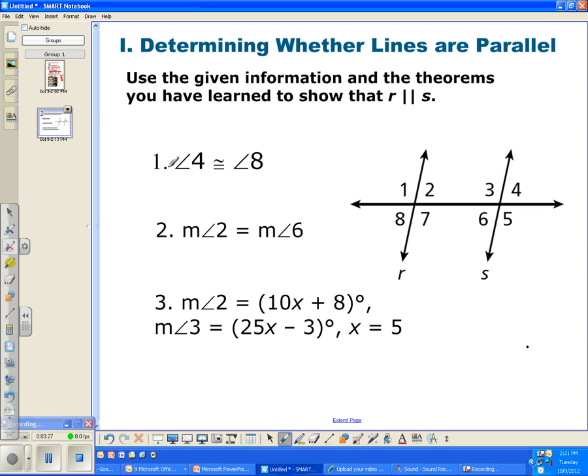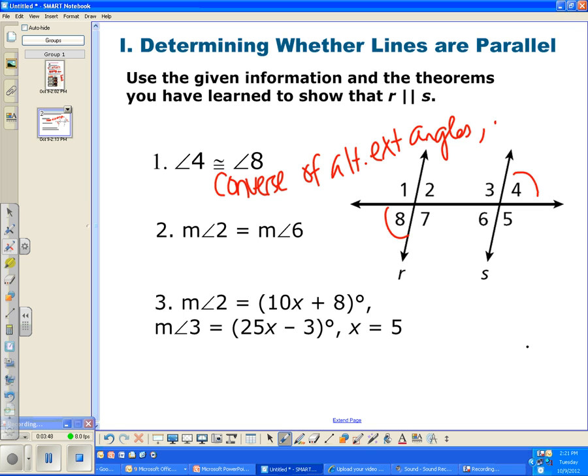So if I tell you, for example, number 1, that angle 4 is congruent to angle 8, can I say that these 2 lines are parallel? Well, these look like alternate exterior angles. So by the converse of alternate exterior angles, R will be parallel to S. So that's how I want you to write your answers today.